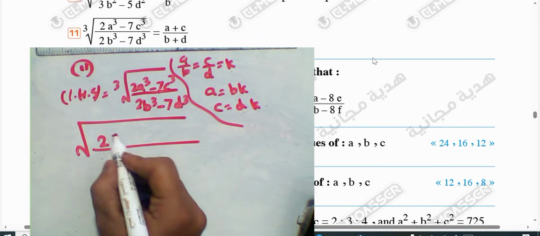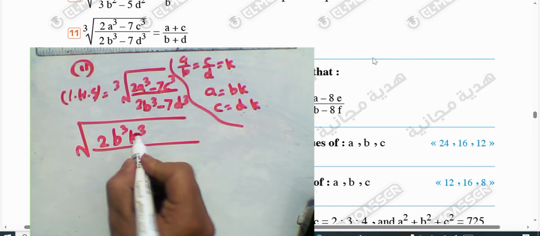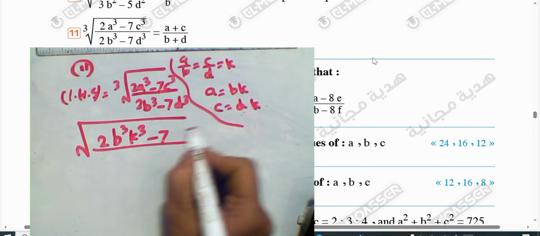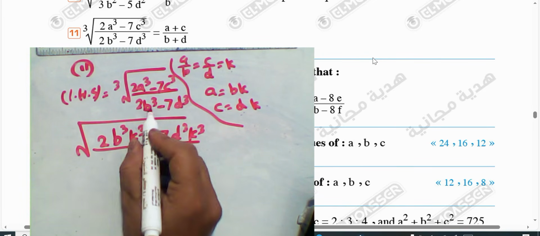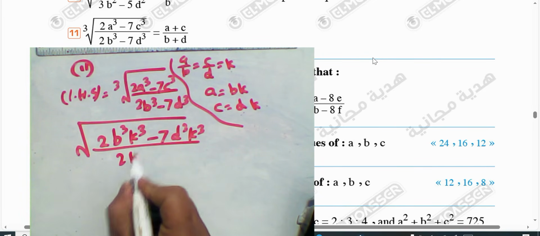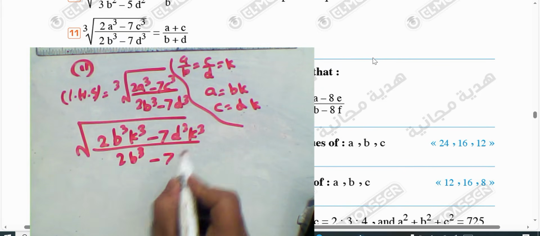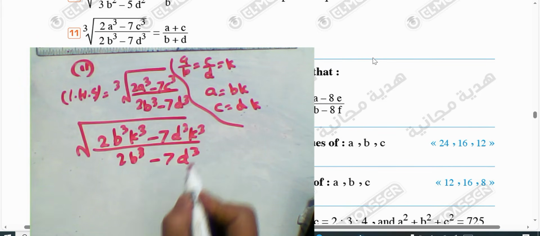A power 3 here is B power 3 K power 3, subtract 7 C power 3, D power 3 K power 3, over 2B power 3 subtract 7 D power 3.